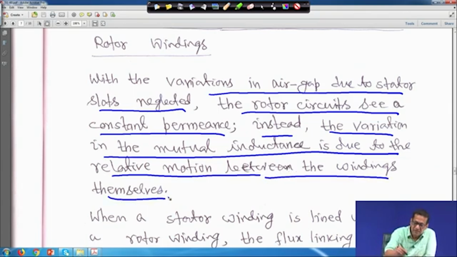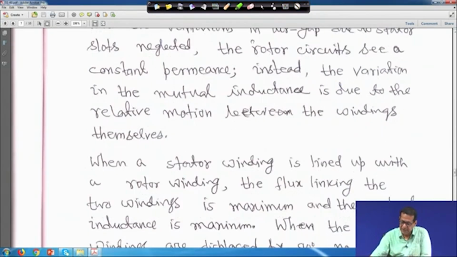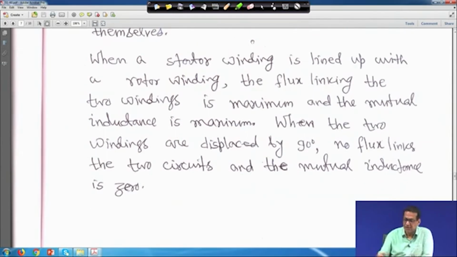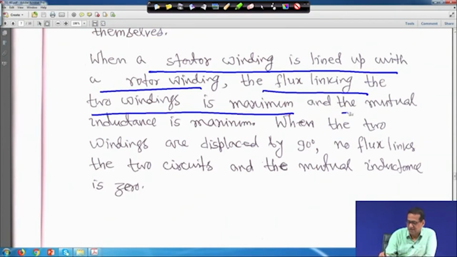So, that means when a stator winding is lined up with a rotor winding, the flux linking the two windings is maximum and the mutual inductance is also maximum, right.